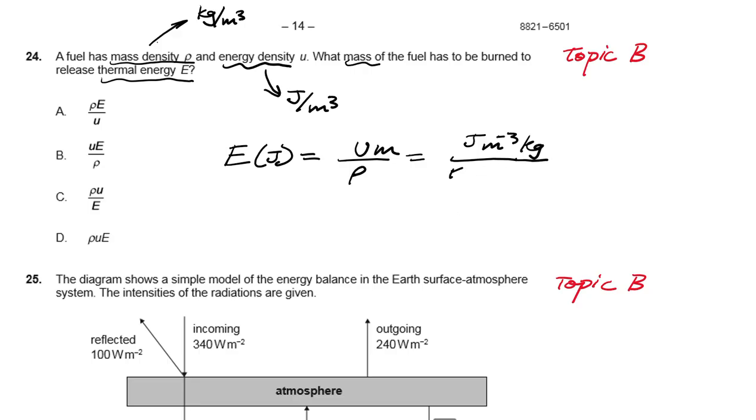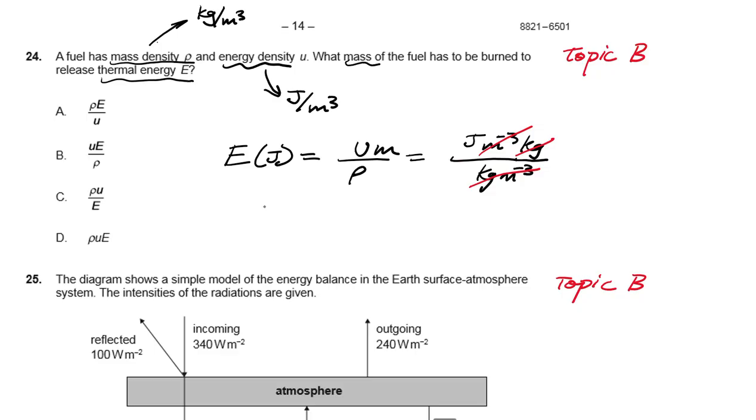And so everything cancels out nicely and cleanly. This is just how you can do it if you have no clue what the formula is, because it's not given in our data booklet. And so we have joules, right? That's what we end up with.